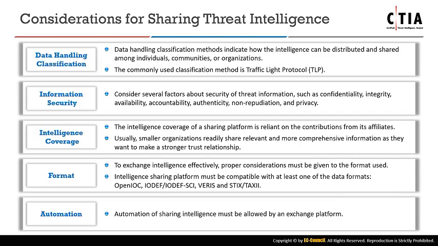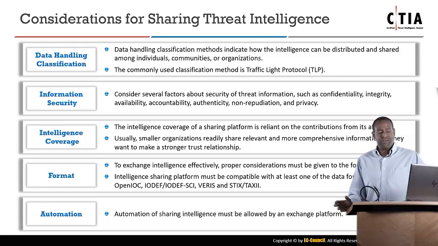Next, we look at intelligence coverage. The intelligence coverage of a sharing platform is reliant on the contribution from its affiliates. So if you have a wide variety of affiliates, then obviously you're going to have a lot more coverage for your sharing platform.